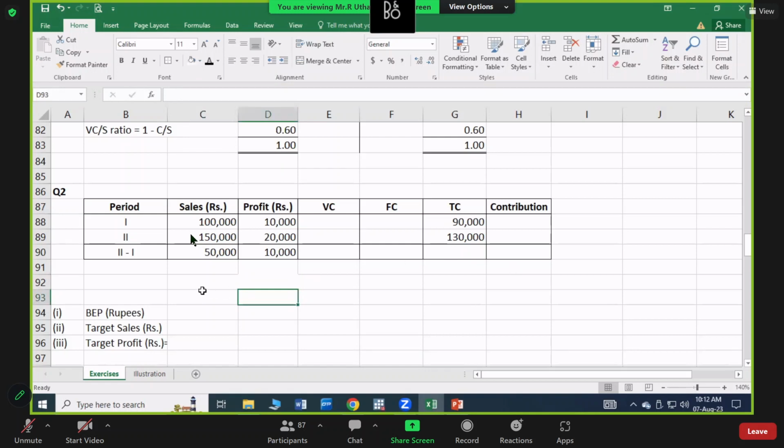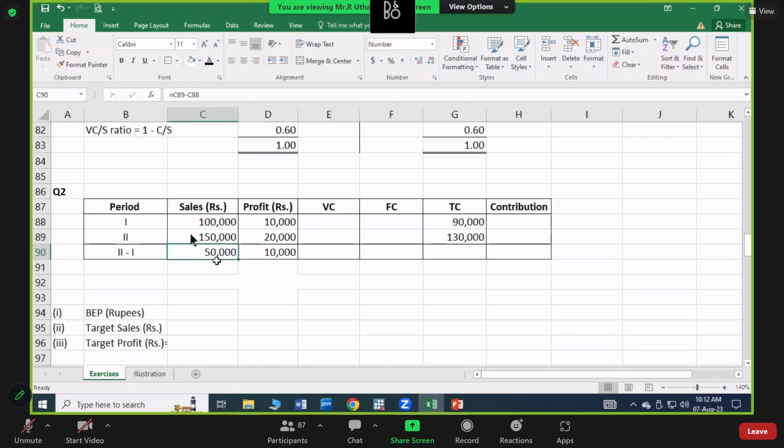So now you have the idea that the total cost makes the profit to be calculated.